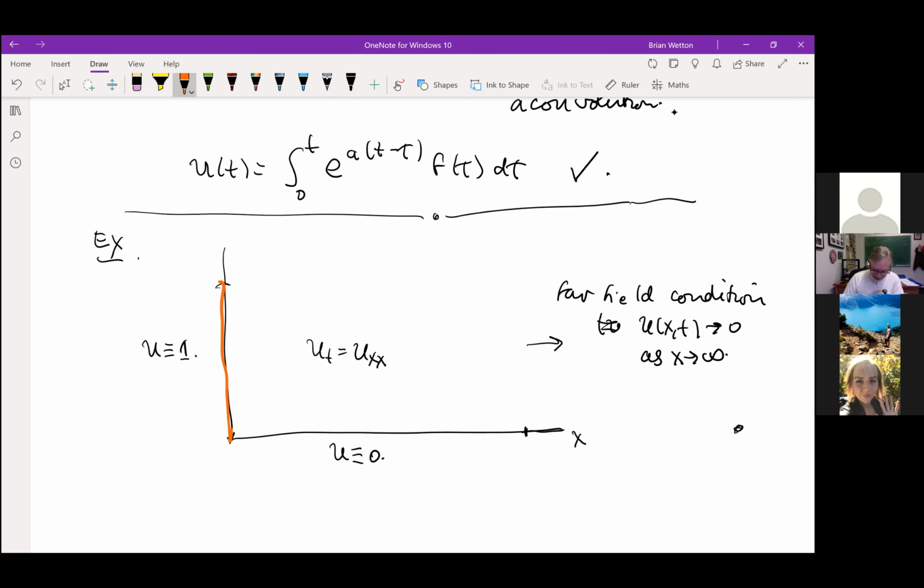But mathematically, you have to look at this corner, and this is called the space-time corner, which makes it sound like some sort of science fiction thing. It's just where the initial conditions meet the boundary conditions. And you notice there has to be a discontinuity here. So the thing that's going to come out of this has got to be a weak solution.